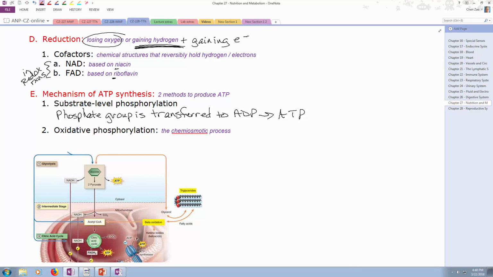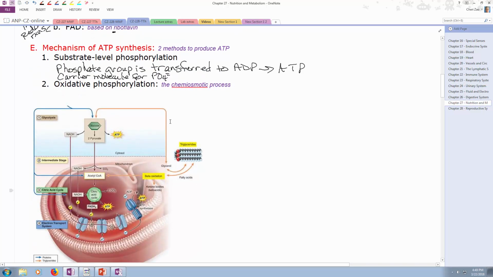There is a carrier molecule for this phosphate. PO4 is what I'll put down for that. So there's a molecule that has this phosphate group attached to it. It comes across ADP and it gives ADP the phosphate, which makes then ATP. So there's all kinds of areas where substrate level phosphorylation occurs, but it is predominantly in the cytoplasm of the cell.